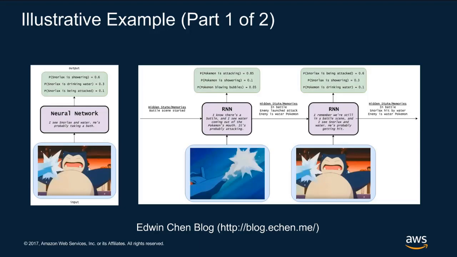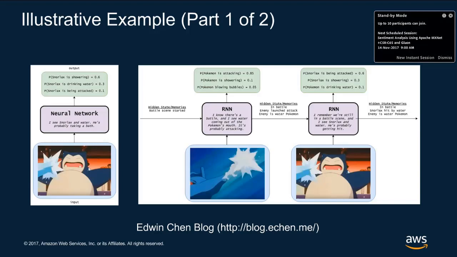And then the other stuff is a lower probability. The hidden state that's passed on to the next cell is that in this battle, the enemy has launched the attack. The enemy is a water Pokemon. So that memory, that context, is passed on.